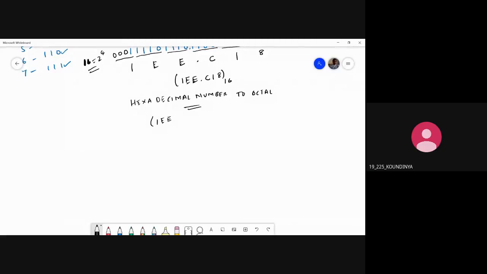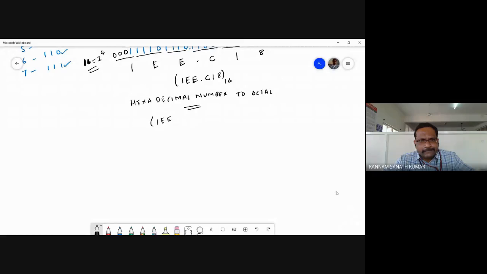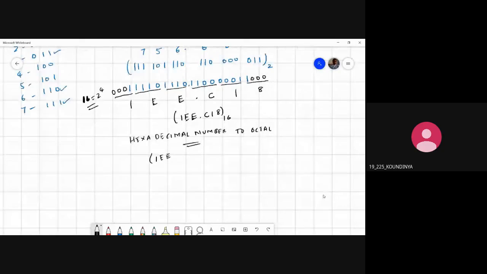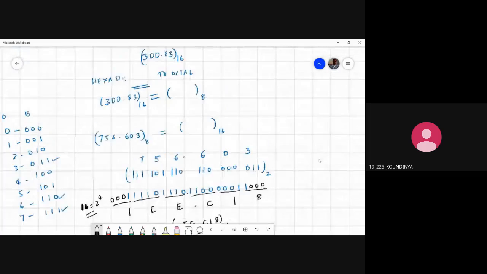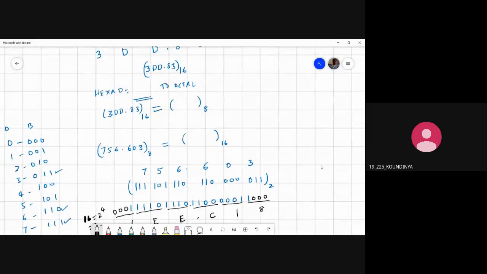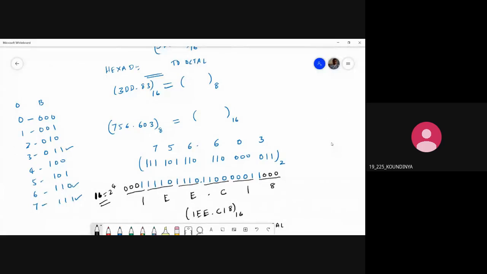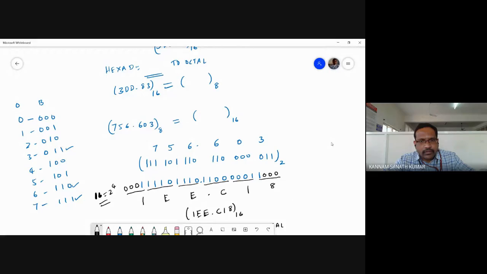Any doubt? Sir, I have a small doubt, sir. Yeah, tell me. Octal to hexa, sir. Before, you considered the point in one term, sir. You considered 4 digits and you took 1 point in one of them, and here you took points separately, sir.